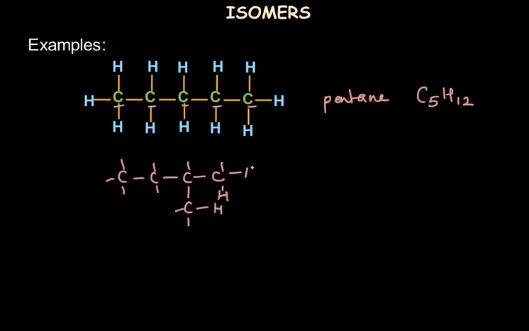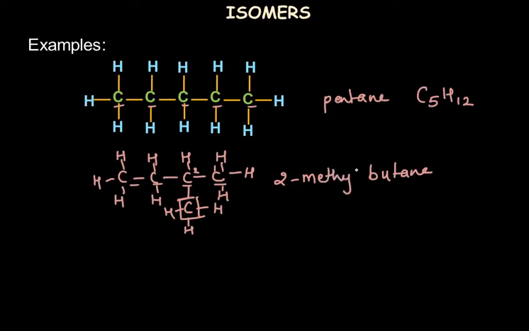Now it is no more a pentane because the longest chain has 4 carbon atoms, so it's a butane, and the branch has 1 methyl with 1 carbon atom on the 2nd carbon atom, so it's 2-methylbutane, and the molecular formula is the same, C5H12. So these are of course isomers of each other.